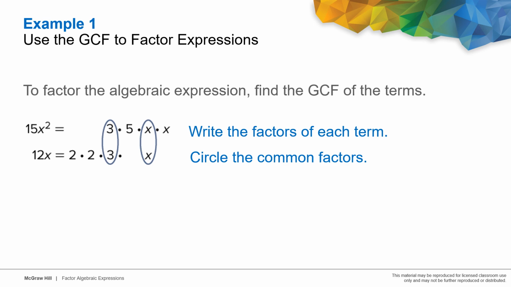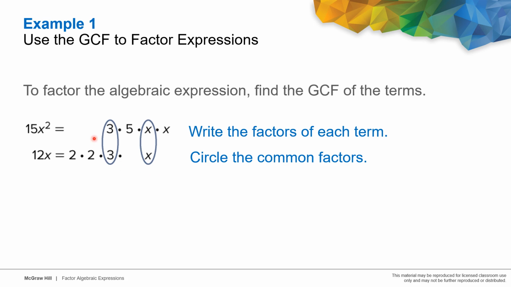So here we have the term 15x squared. That breaks down into the factors 3 times 5, which gives you 15, and then x times x gives you x squared. Now the factors for 12x are 2 times 3, because that gives you 12, and then multiply that by x to give 12x.